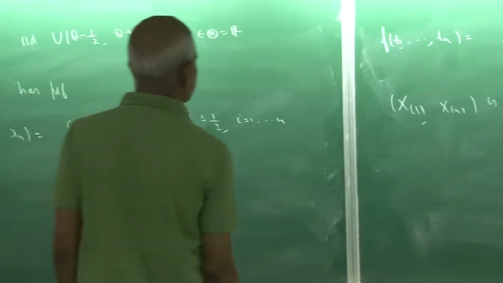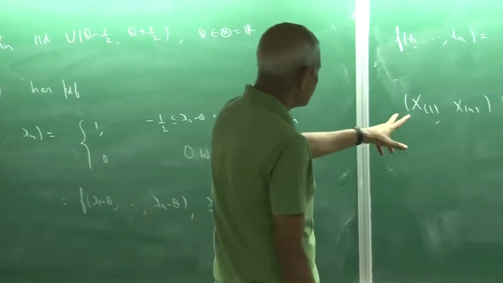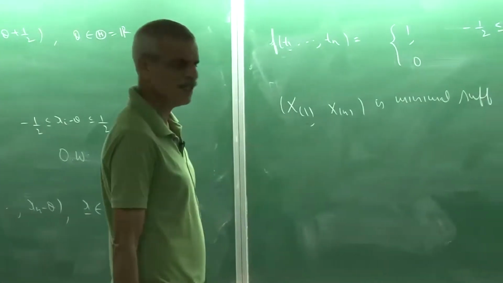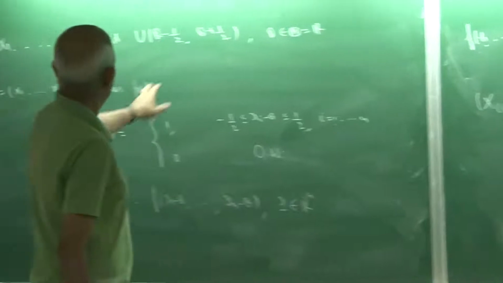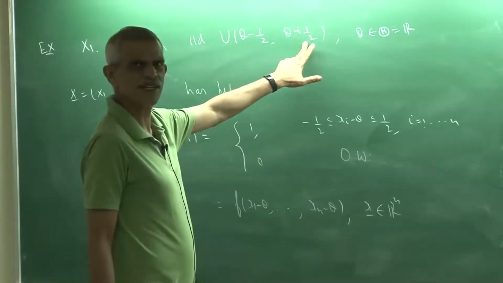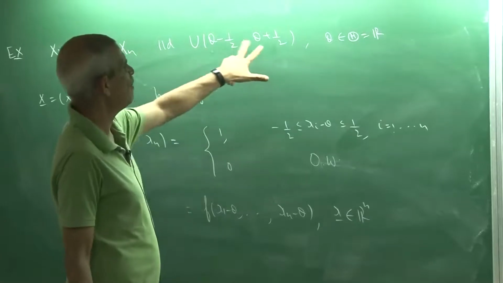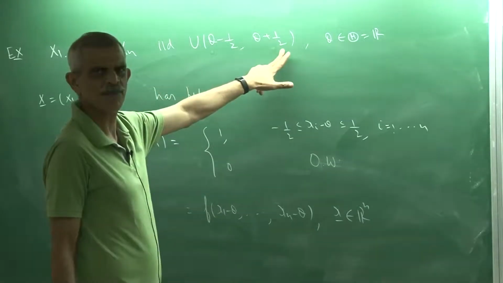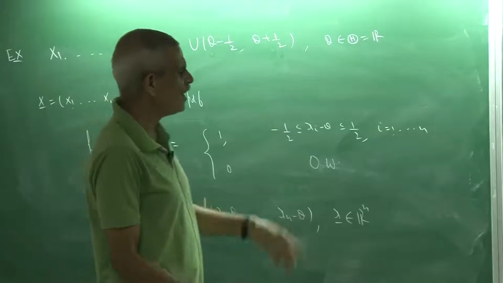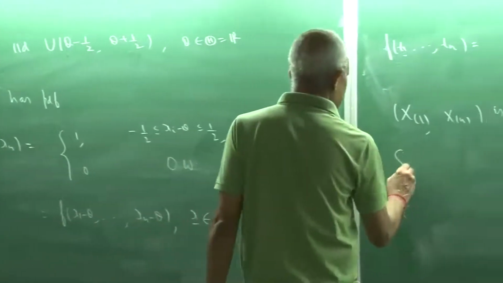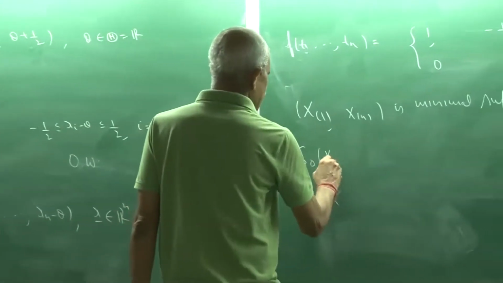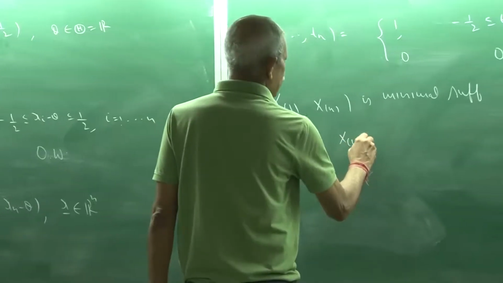So first I try to look at what is a reasonable estimator. Certainly I would like to use a reasonable estimator based on X(1) and X(n). Now note that it is theta minus half to theta plus half. X(1) would be somewhere near theta minus half, X(n) would be somewhere near theta plus half. So one choice is to make delta naught of x as (X(1) plus X(n)) by 2.